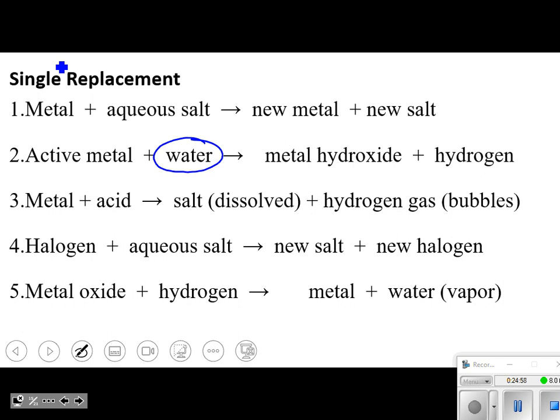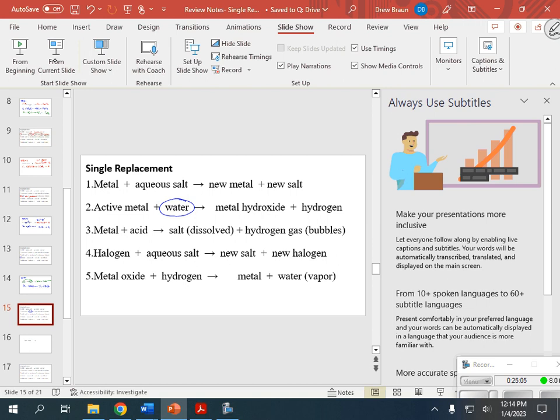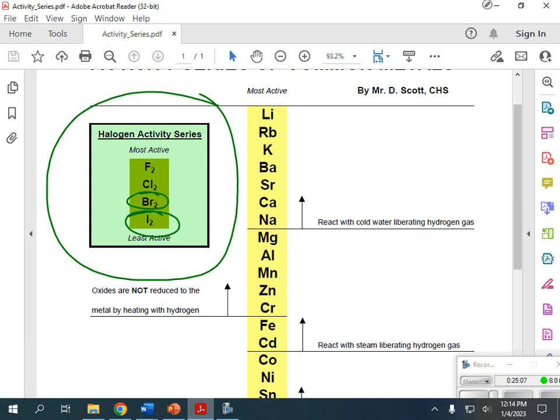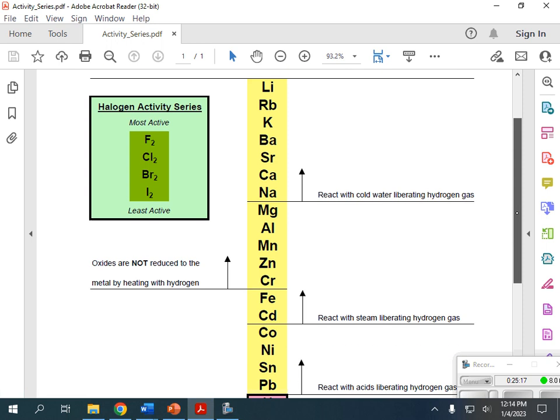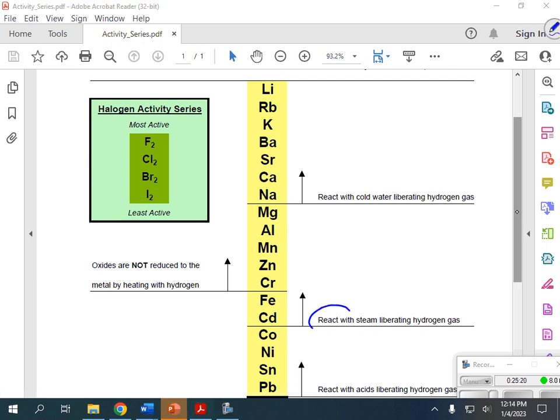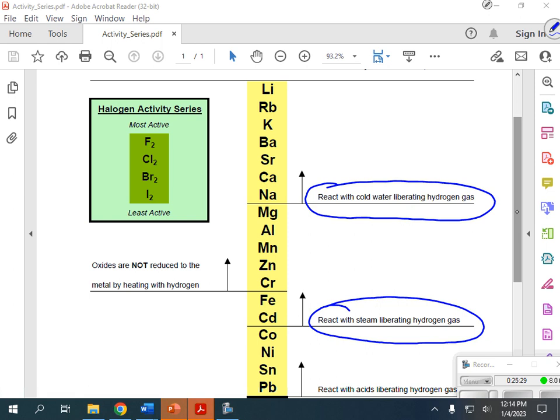No, water's in the liquid form, right? So I'm going to go to my activity series once again. Now, if I look at this, I have two different lines here that I need to notice. Reacts with steam, liberating hydrogen gas. That's the one we worked before. Here's one that reacts with cold water, liberating hydrogen gas.